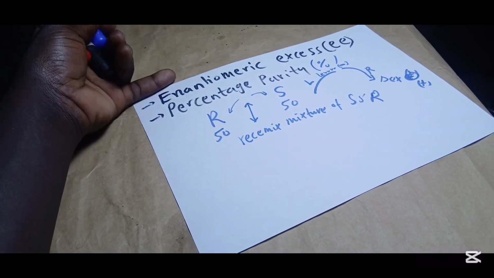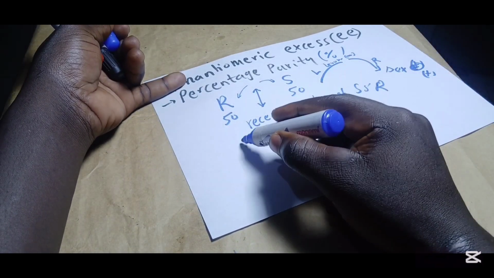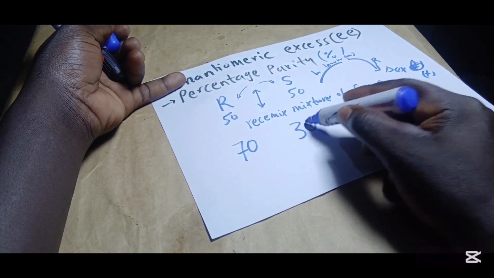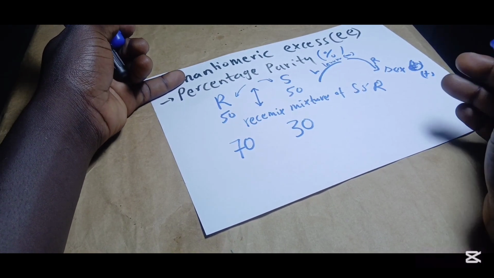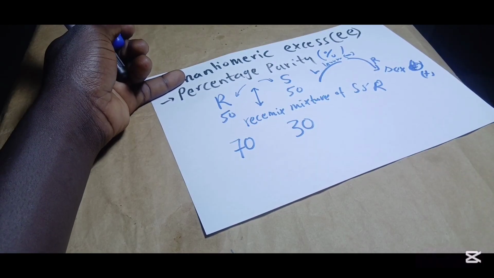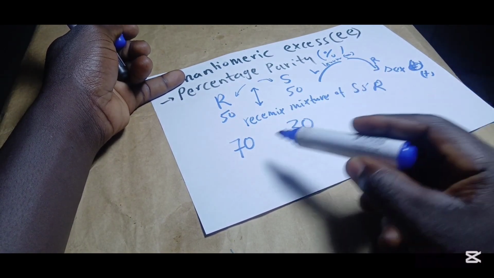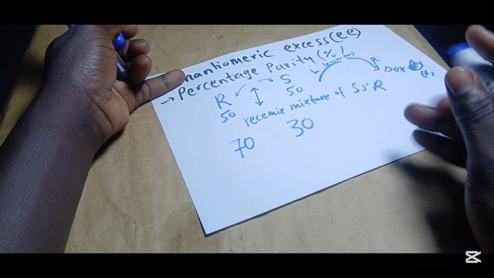What if I have 70 of R and 30 of S? What happens? So it means that as 30 is pulling to the right, 70 will be pulling to the left.